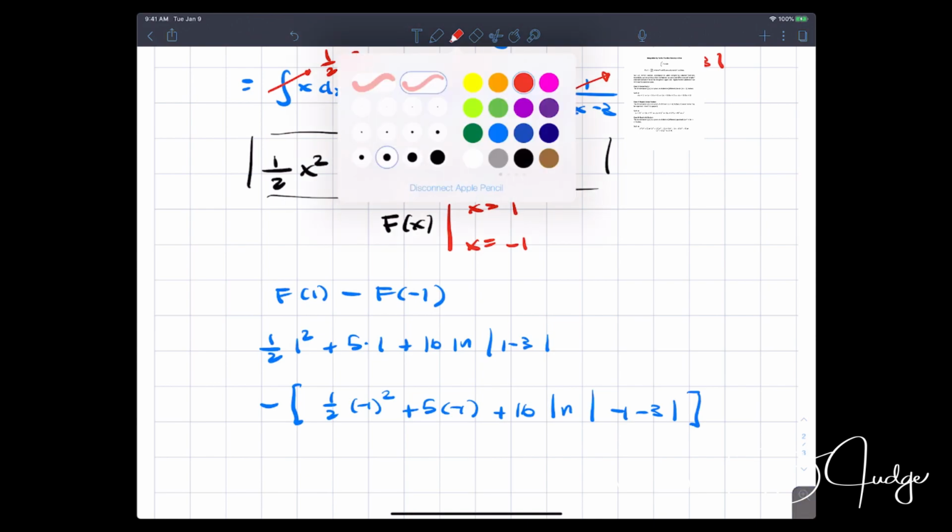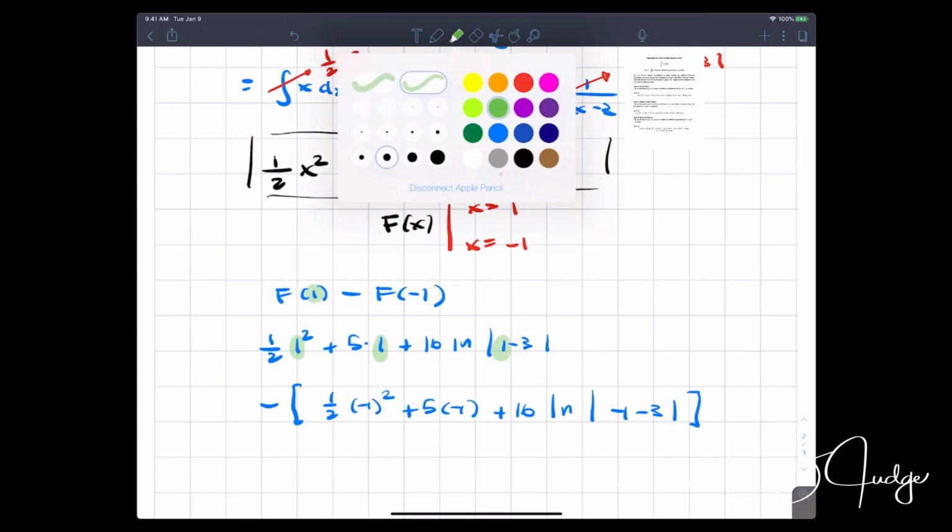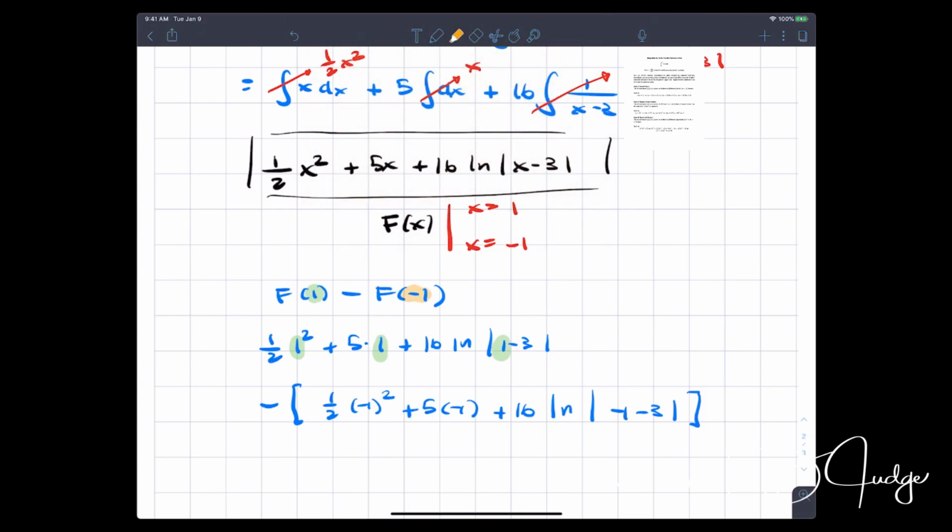Let's maybe change some of these colors here. You guys start to see how weird this can get, right? Here's 1. There's your 1s. You guys know this. And negative 1. Here's my negative 1s. Okay. That's what we're doing.